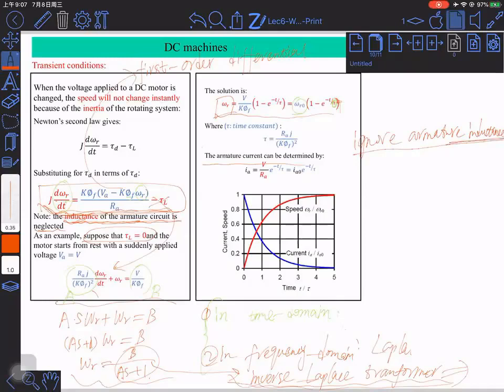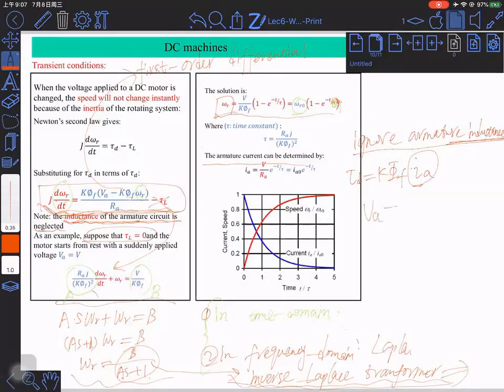So what you can do is you try to find the torque, because the torque is equivalent to K phi IA, right? And what is IA? Oh, sorry, you're trying to use the voltage equation actually.